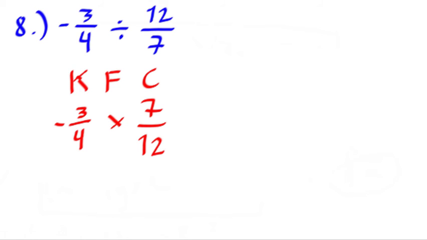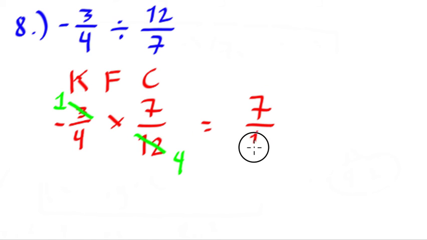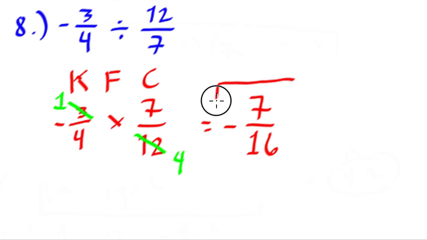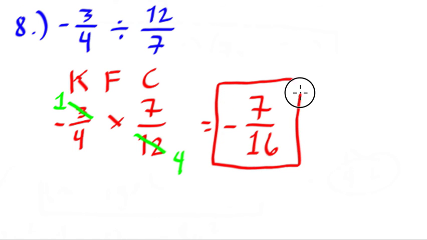Again, we can cancel things. They're both divisible by 3. This becomes 1. This becomes 4. Moving on, 1 times 7 is 7. 4 times 4 is 16. And don't forget the minus. Okay, can we simplify further? I think not. So this will be our answer for number 8. Negative 7 over 16.